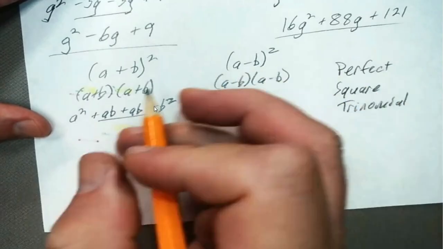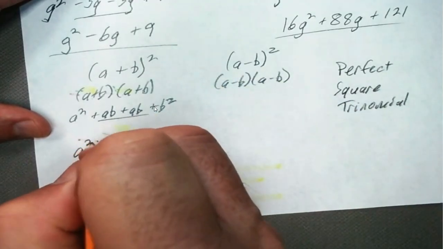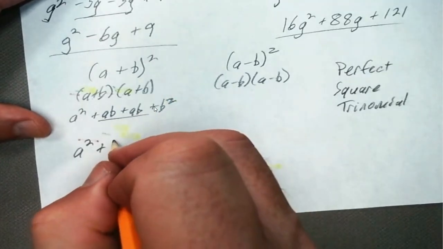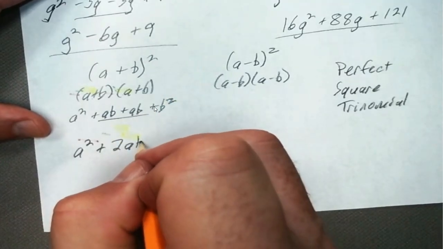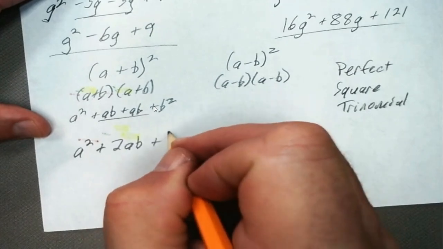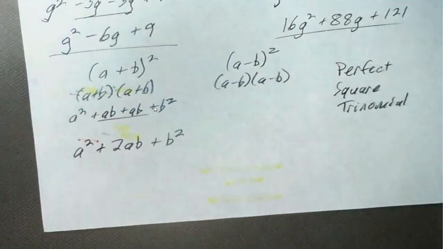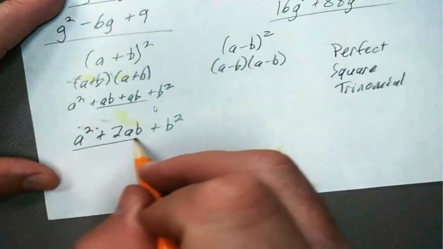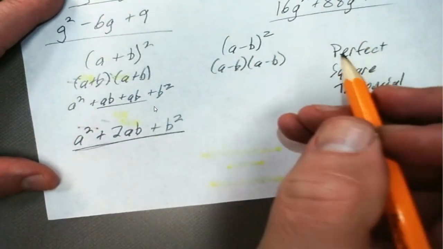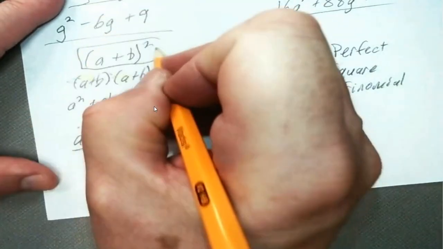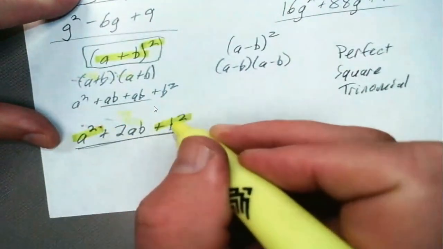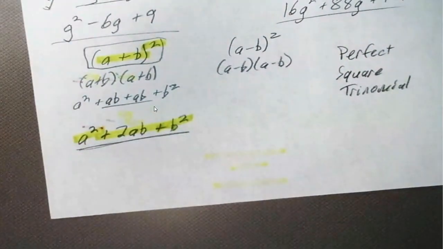So combining our like terms, it's A squared plus, we've got two ABs, 2 times A times B, plus B squared. Okay, so that's what A plus B squared equals: A squared plus B squared, and the middle term is a 2AB.